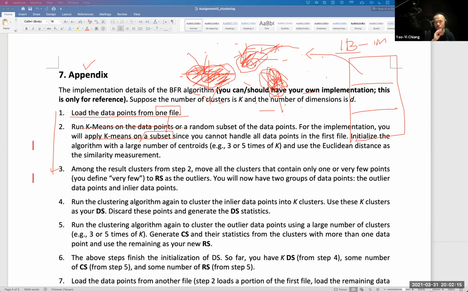It's not normalizing your point. It's in the definition of Mahalanobis distance. You have to take a point and subtract the mean and divide it by the standard deviation of that dimension. So it's standardization. And you don't have to do any pre-processing because that step is within your calculation of Mahalanobis distance.